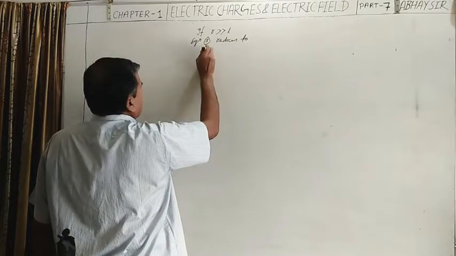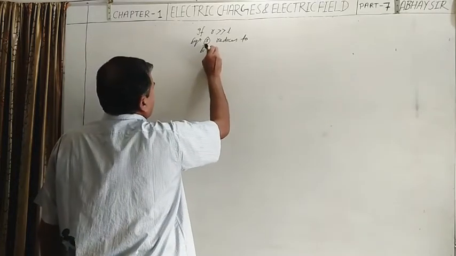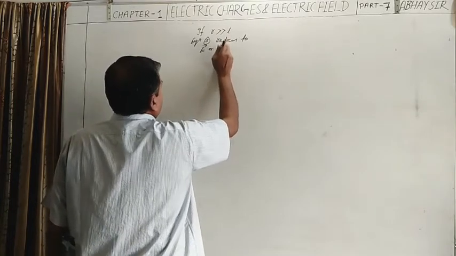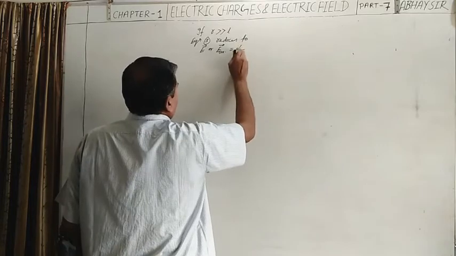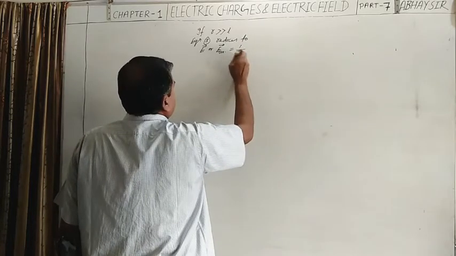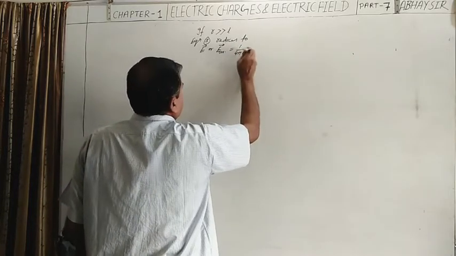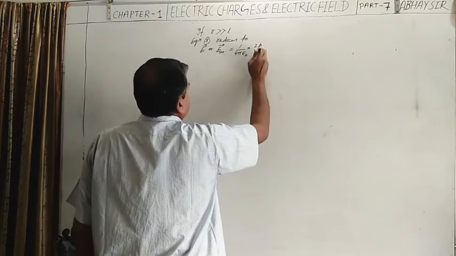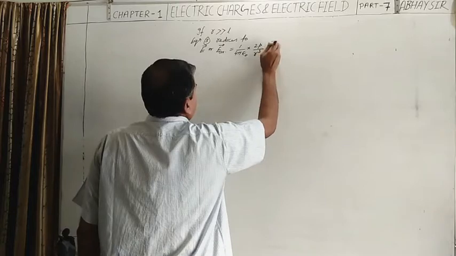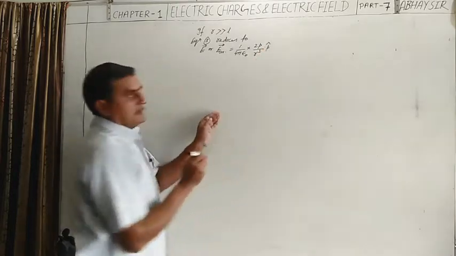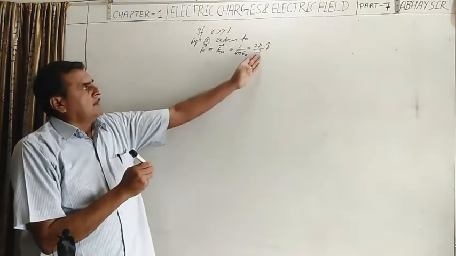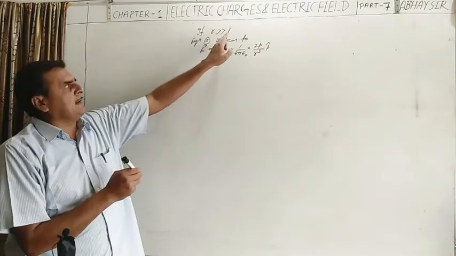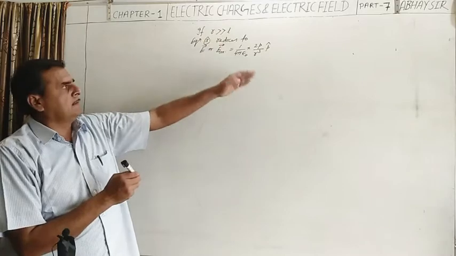total electric field E vector or E axial, one upon 4 pi epsilon naught 2p upon r cube p cap, after neglecting L square in comparison to R square.